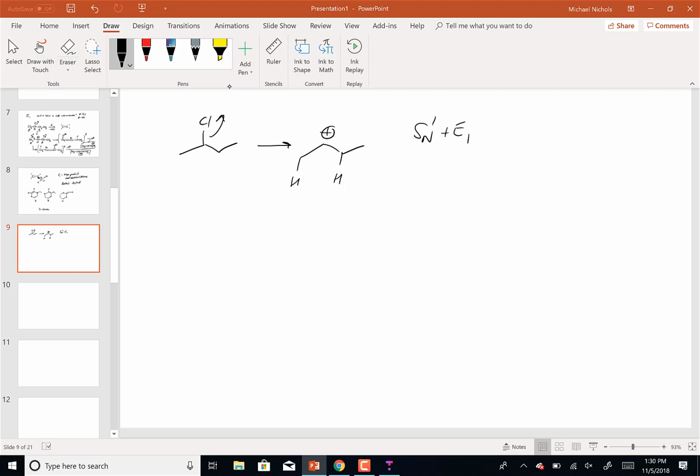So I need a better way to make a double bond. And so what we do is we change over from an alkyl halide to an alcohol. And that's actually what Zaitsev did. So now I take that same molecule, only I have an alcohol instead of a chloride.